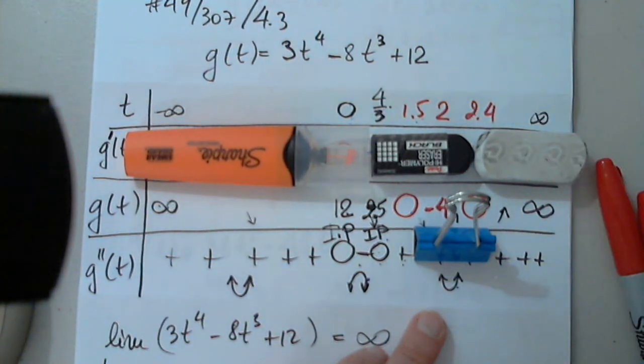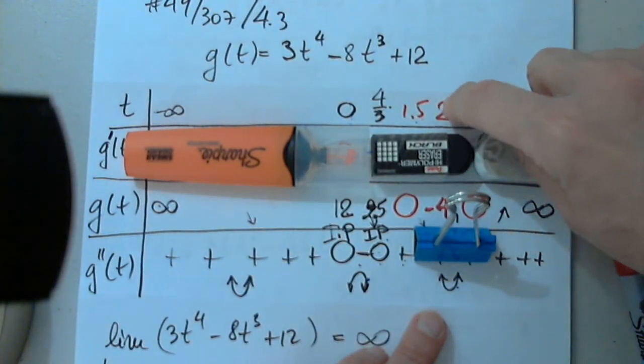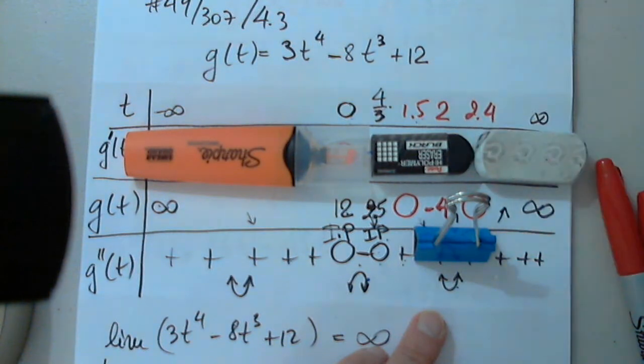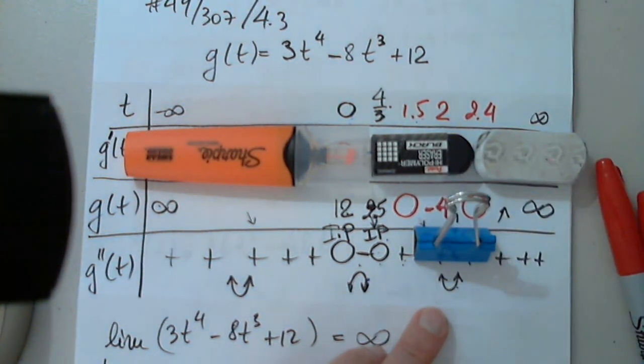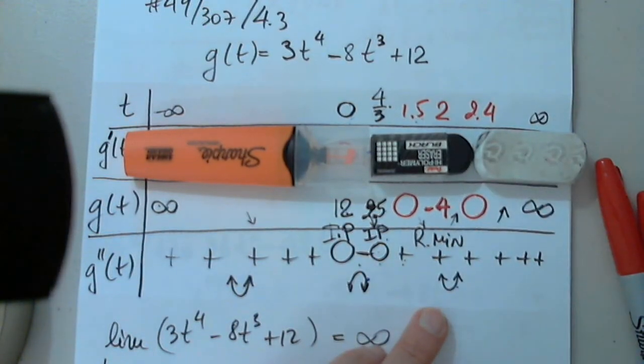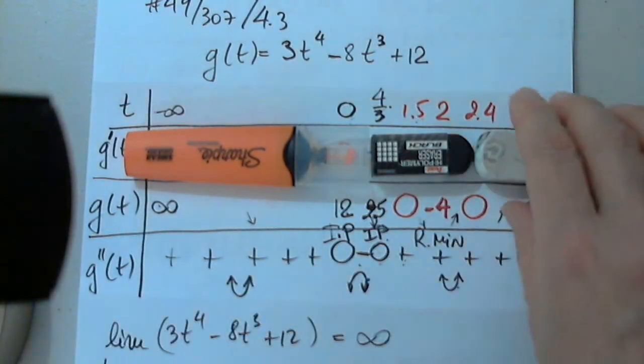If x equals 2 is a critical number and the second derivative is positive, meaning the function looks like this, what type of point can (2, -4) be? Minimum. Absolutely.